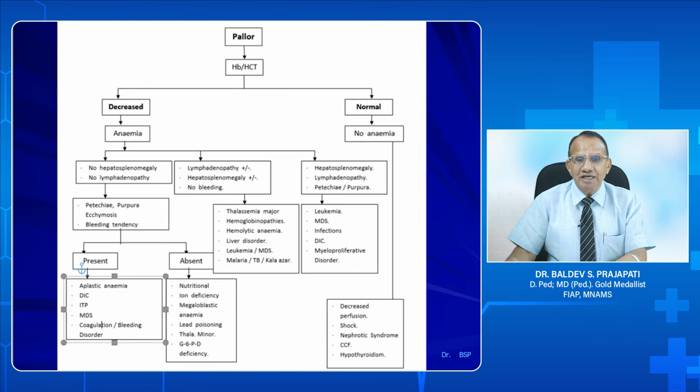And if you find anemia with hepatosplenomegaly, lymphadenopathy, and even petechial purpuric spots, please look at the child; a sick-looking child most commonly has leukemia or myelodysplastic syndrome, maybe infection, DIC, even myeloproliferative disorders, etc. So with this very simple approach, in a case of pallor, you can decide whether there are various conditions presenting as anemia or something else.